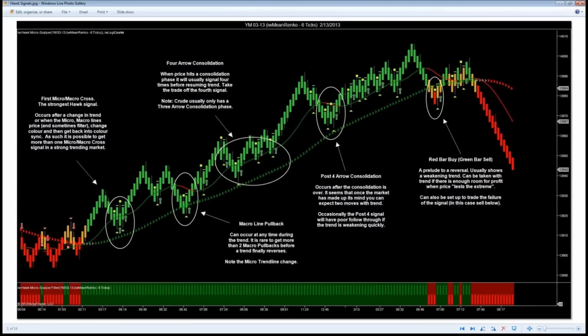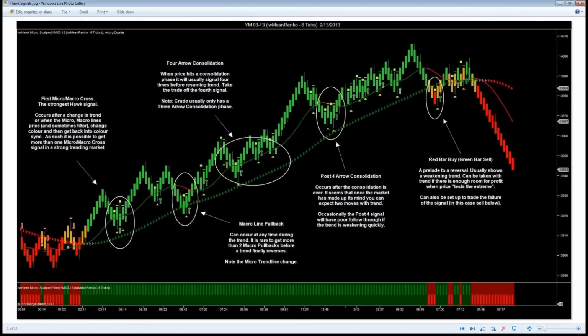Occasionally, as I'm sure you've noticed, the market will tend to go sideways for a little bit, and the Hawk will signal 4 times, and we're usually interested in that 4th signal, and the market will normally take off on that 4th signal. Some of the more aggressive markets like crude oil, we're only going to get a 3-arrow consolidation before it actually bolts.